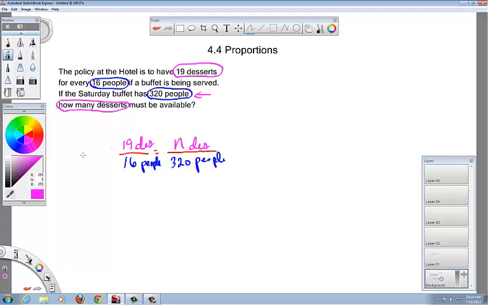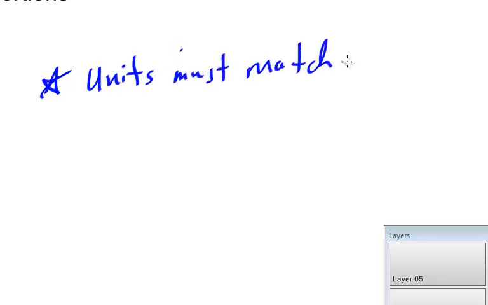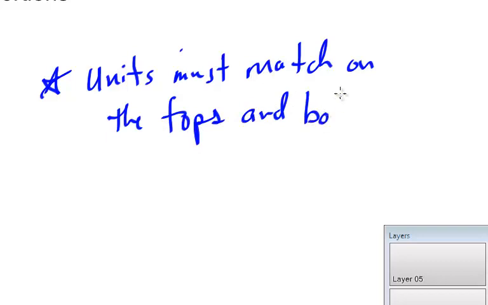And I'm going to make a note here, with a little star: the units must match on the tops and bottoms. So people on bottom, people have to be on bottom here. Desserts on top here, desserts on top there, because the fractions are equal to each other.